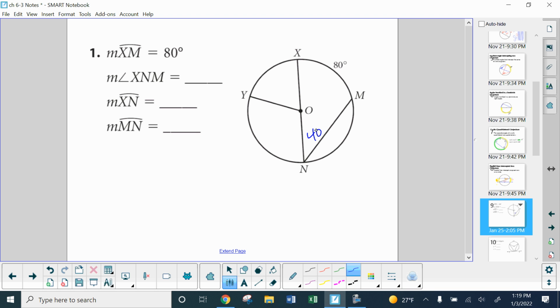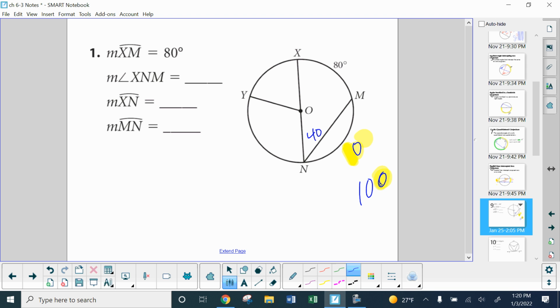So if XM is 80, that means NM has to be 100. Oh, 100. There we go. Is that okay?